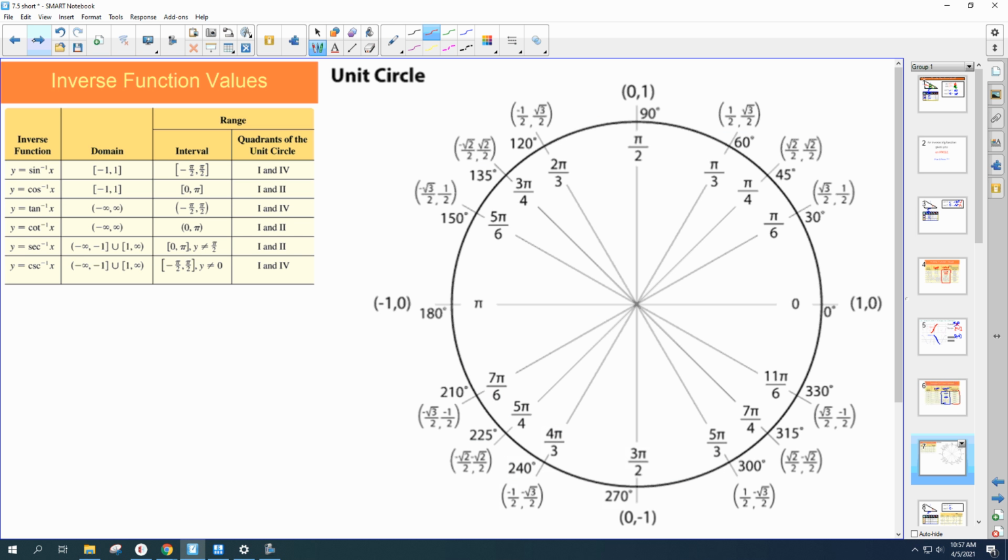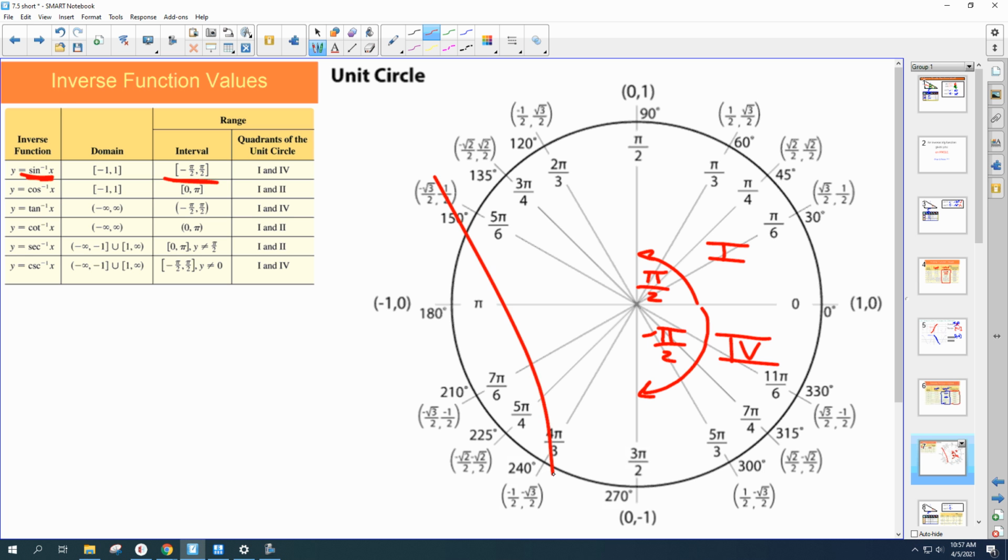When we look at the unit circle, inverse sine of x, notice we're talking about negative pi over 2, positive pi over 2. But when you draw it out on the unit circle, negative pi over 2 is this angle right here, and positive pi over 2 is this angle right here. We're only talking about quadrants 1 and 4. Notice there's no such thing as quadrants 2 and 3.